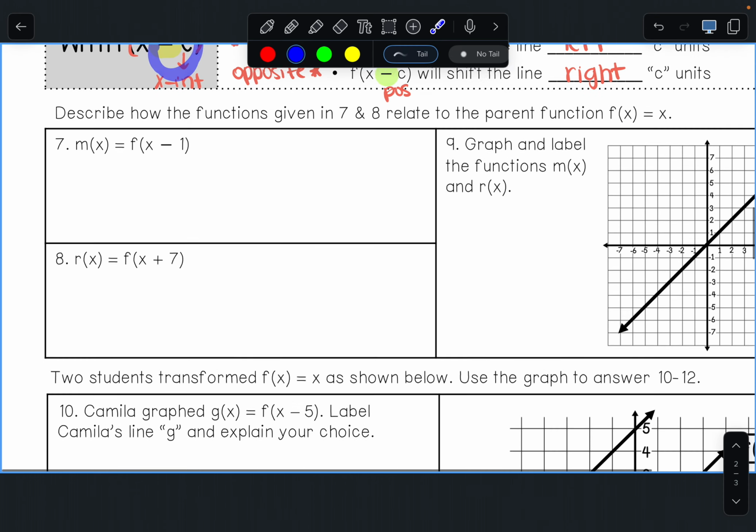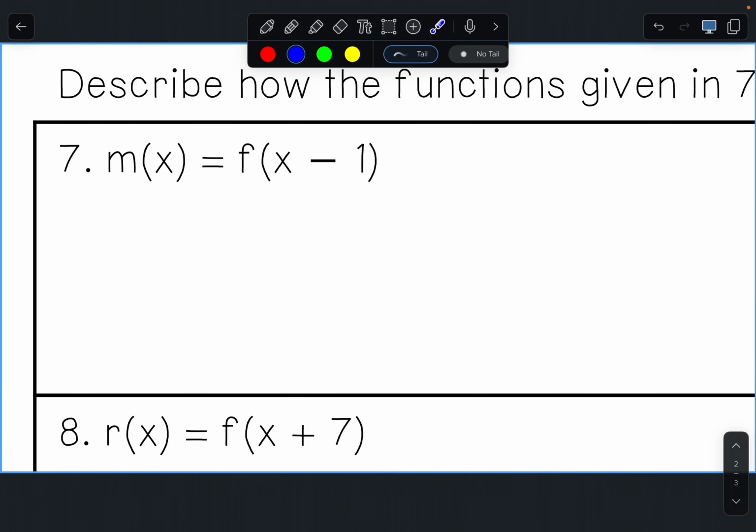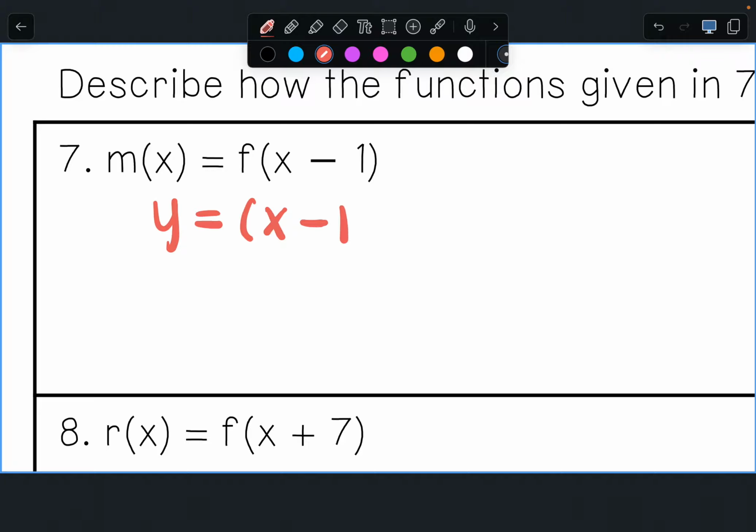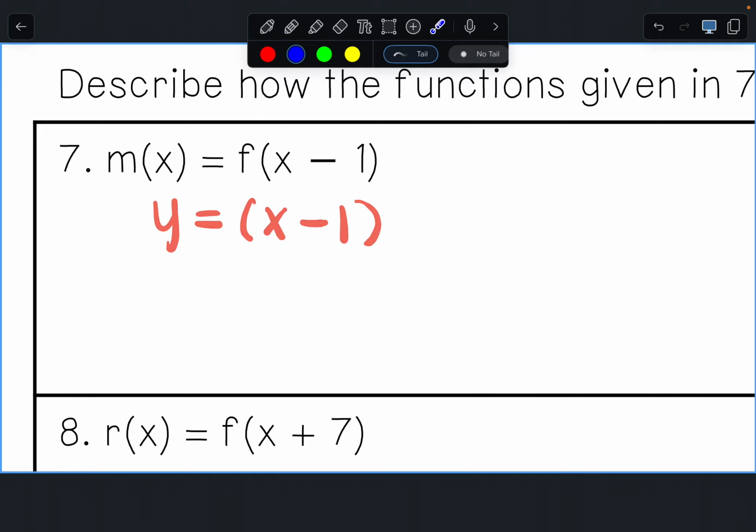Okay? Let's look at 7. In order to describe what happens to this line, let's switch it back. So, f of x switches back to y equals. And then from there, just take the f off. To go from slope intercept to function notation, all they do is add that f. So to go back, take the f off. That's it.